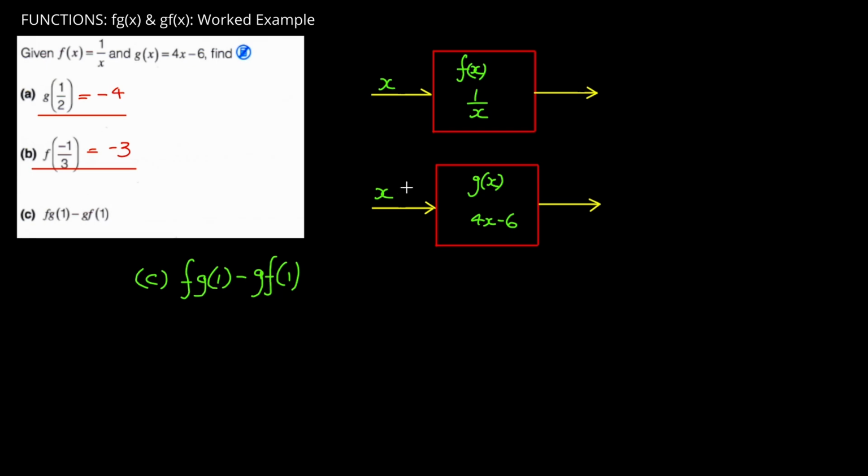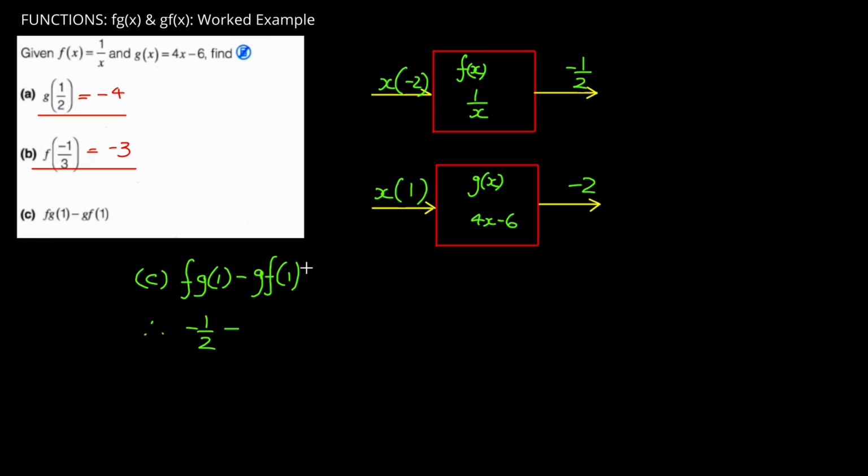G of 1, we're putting 1 in here. 4 times 1 minus 6 will be negative 2. So it's negative 2 that we now pop into the f box. 1 over negative 2 turns out to be negative a half. So the answer to our first part is negative a half.